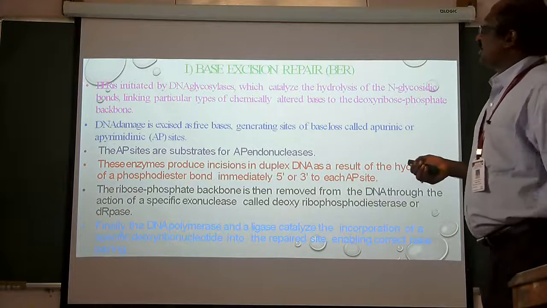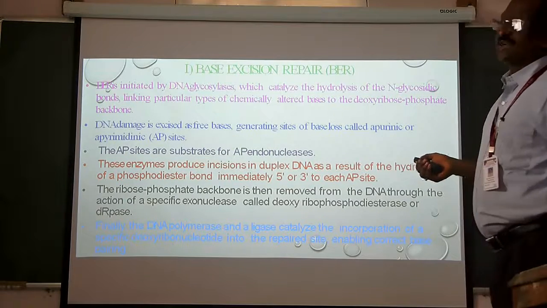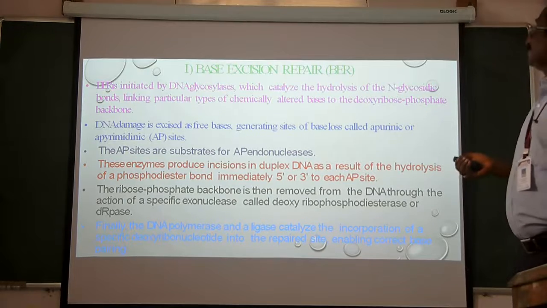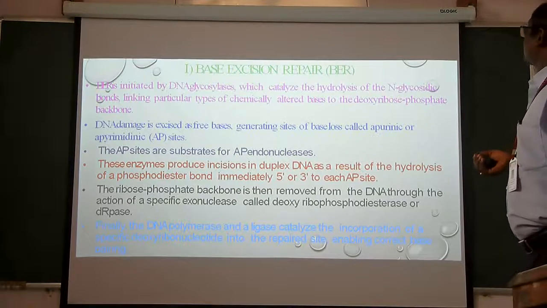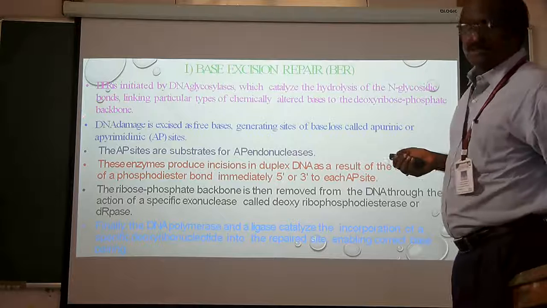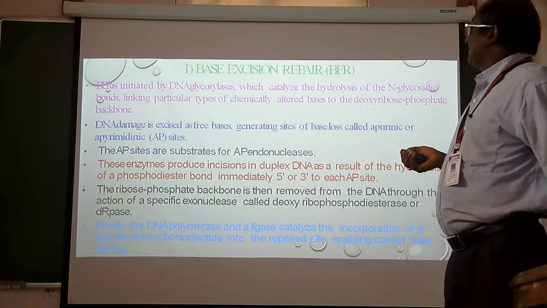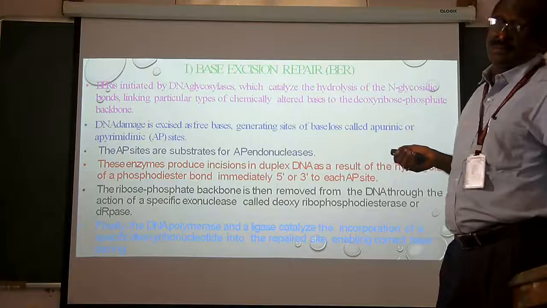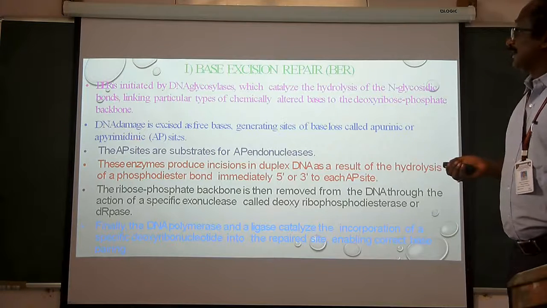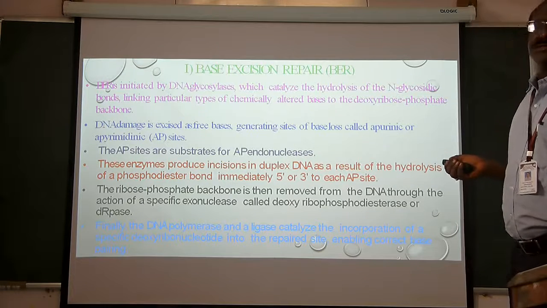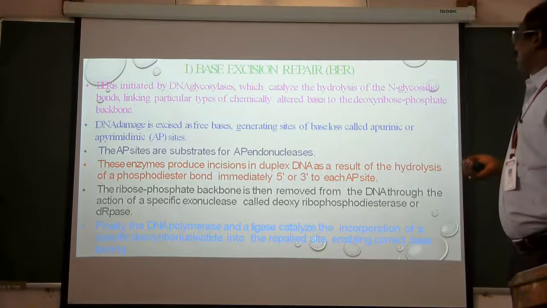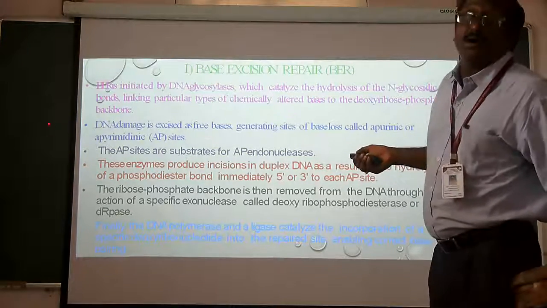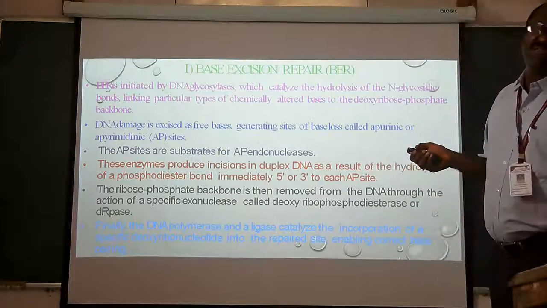The base excision repair, BER, is initiated by an enzyme called DNA glycosylase, which catalyzes the hydrolysis of N-glycoside bonds, linking particular types of chemically altered bases to the deoxyribose phosphate backbone. So the DNA damage is excised as a free base, generating sites of base loss called apyrimidinic AP sites.